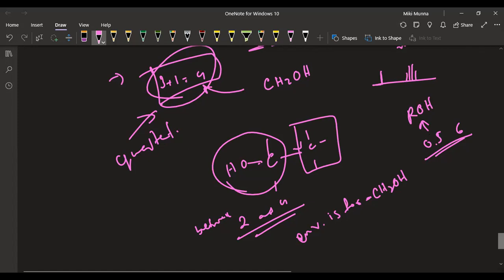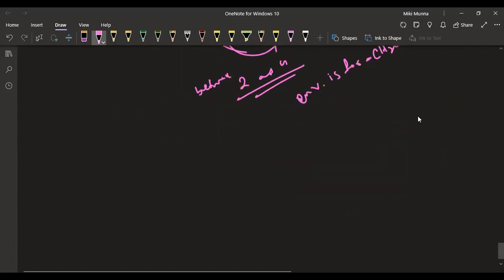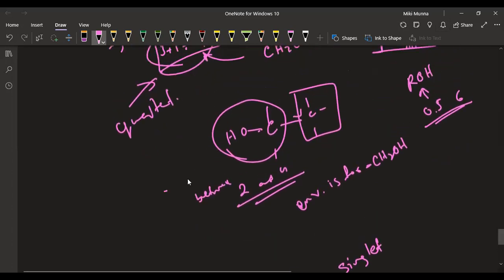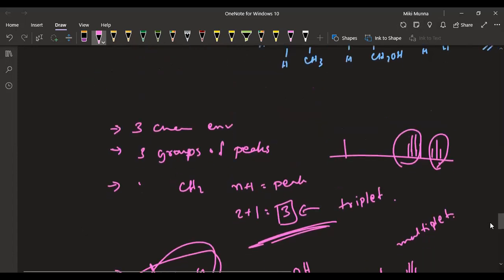And finally, we have the functional group, which is a singlet. The OH group was a singlet, and due to that singlet we found a single peak there. For this one we found a quartet, and for the top one we found a triplet. Yes, so that was a triplet.